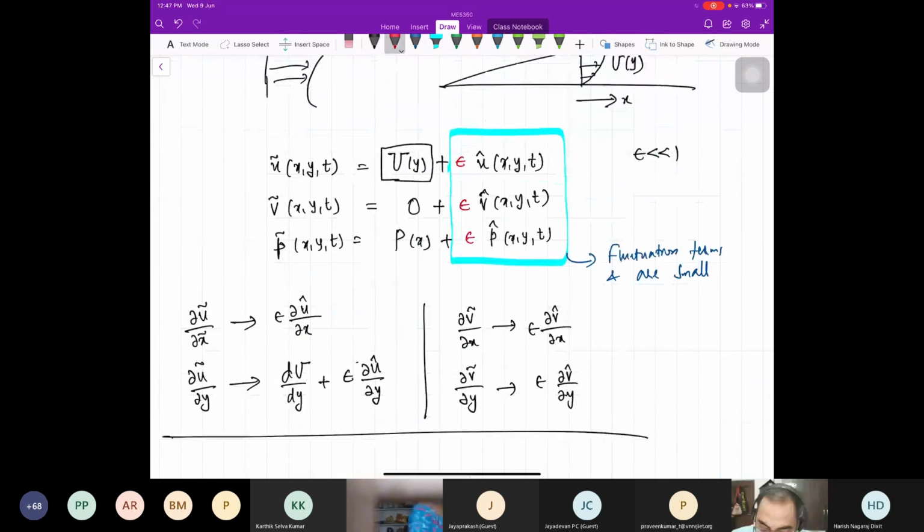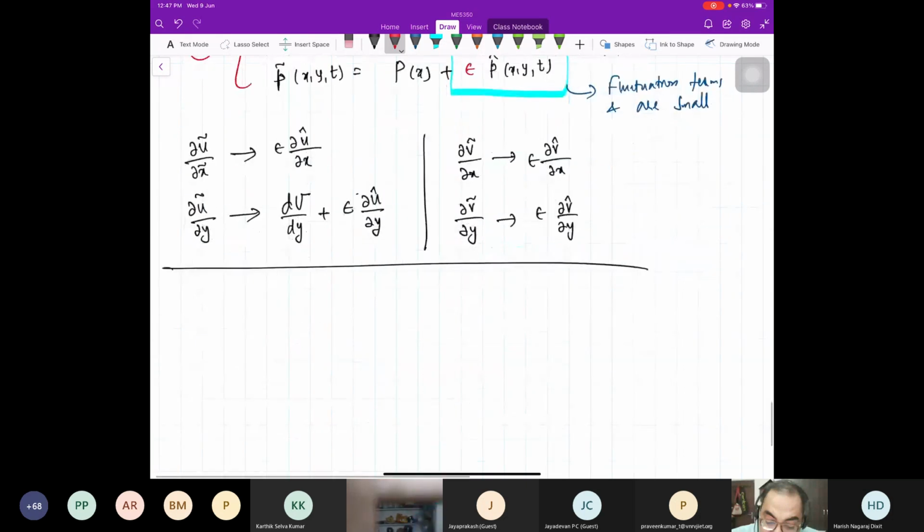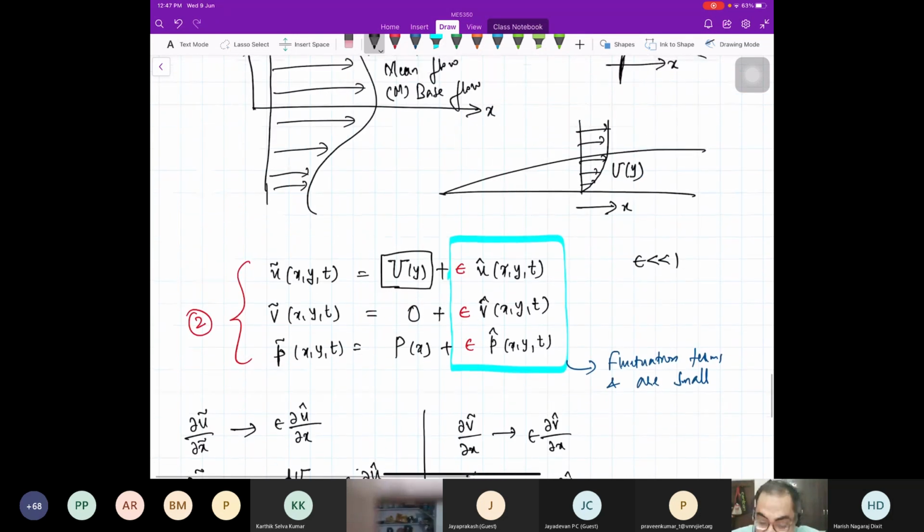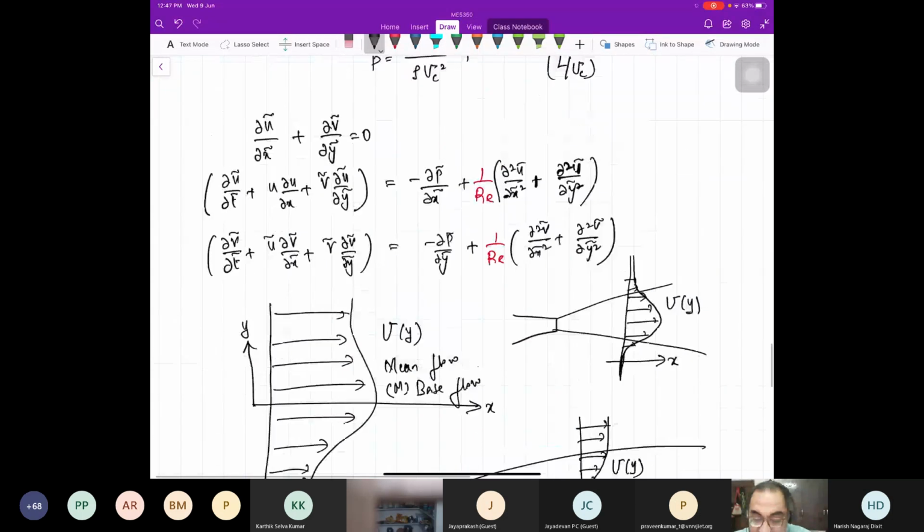Let's give this a name. Let's call this equation 2. So substituting 2 into 1, I'm substituting this form of the solutions that I've taken into the full equations.